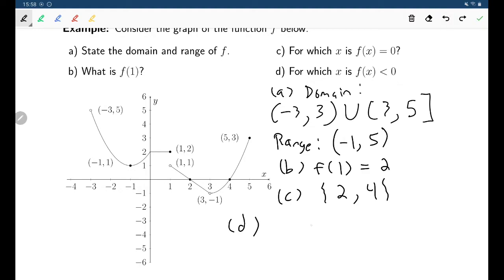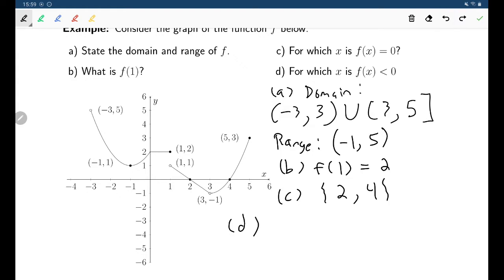So that means I wouldn't be including the 2 and I wouldn't be including the 4. But I also can't include the 3 since that point is not part of the graph. So where are we below the x-axis? Well, there's the part that's between x being 2 and x being 3. And then there's the part that's between x being 3 and x being 4.